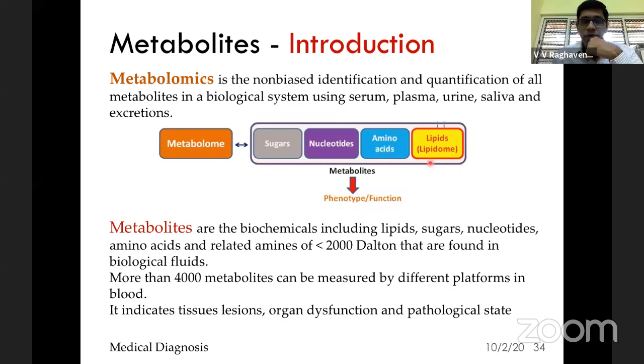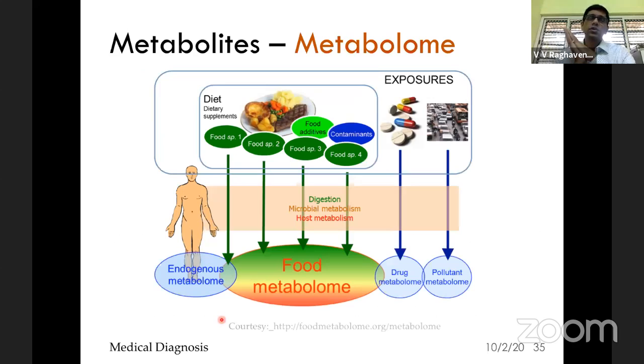So what are typically metabolites? They in fact have a molecular weight less than 2 kilodaltons. And more important, you notice that there are about 4,000 metabolites that are of interest. So how do you separate them? In case of electrolytes and gases, you have used ion selective electrodes.